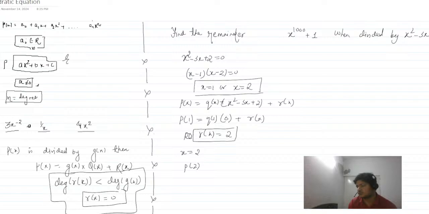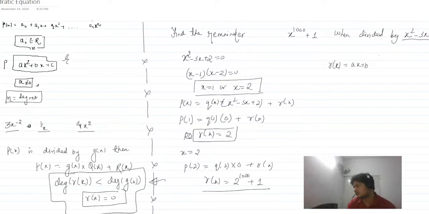Now, I already told you about this R(x) value. If you see the condition here, the degree of R(x) should be less than the degree of G(x). But here the degree of G(x) is given as x square minus 3x plus 2, which means R(x) can be written as Ax plus B. Is it correct?